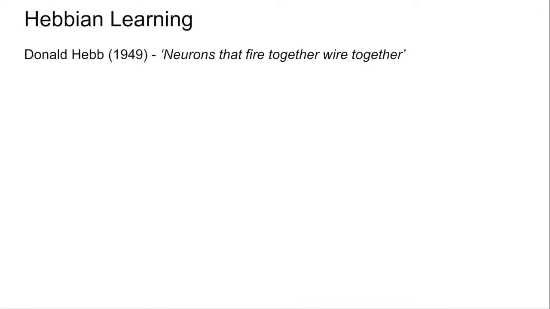And it's just a learning algorithm in which the motto is that neurons that fire together wire together. And what that means is that if two neurons are simultaneously active, then we should encourage that interaction between the neurons. Whereas if two neurons are uncorrelated or their activations are uncorrelated, then we should discourage their interaction.